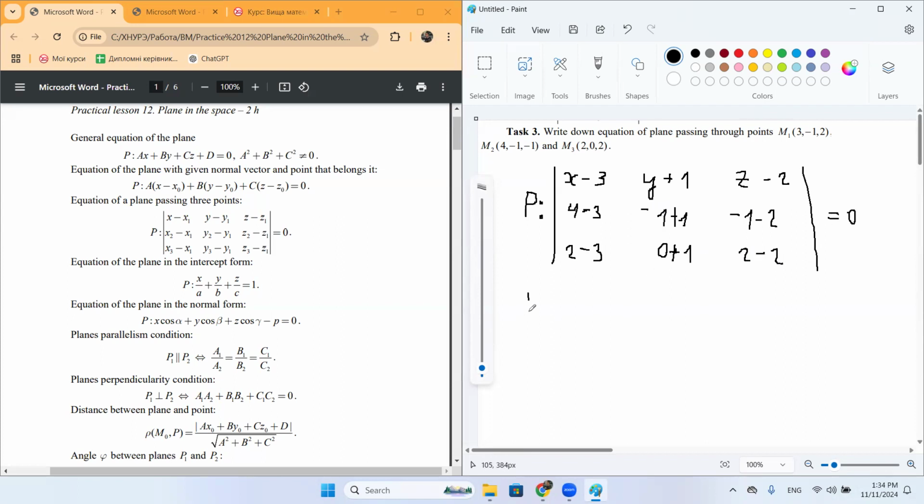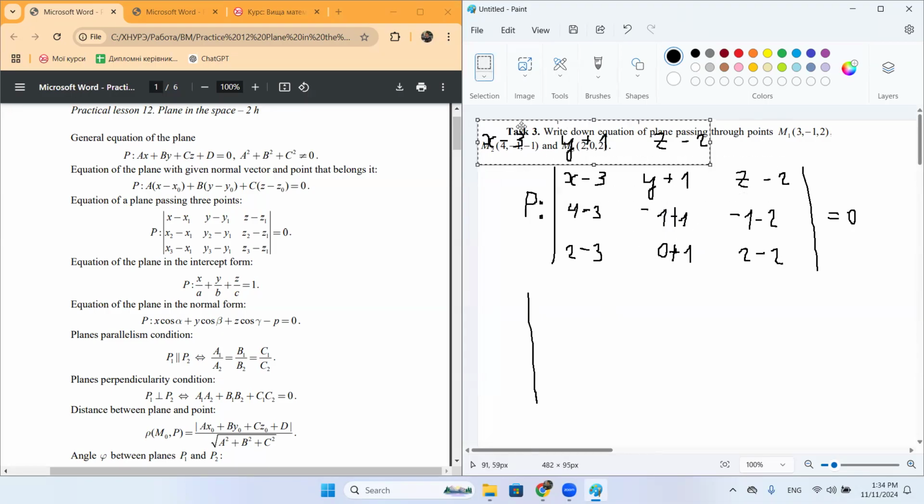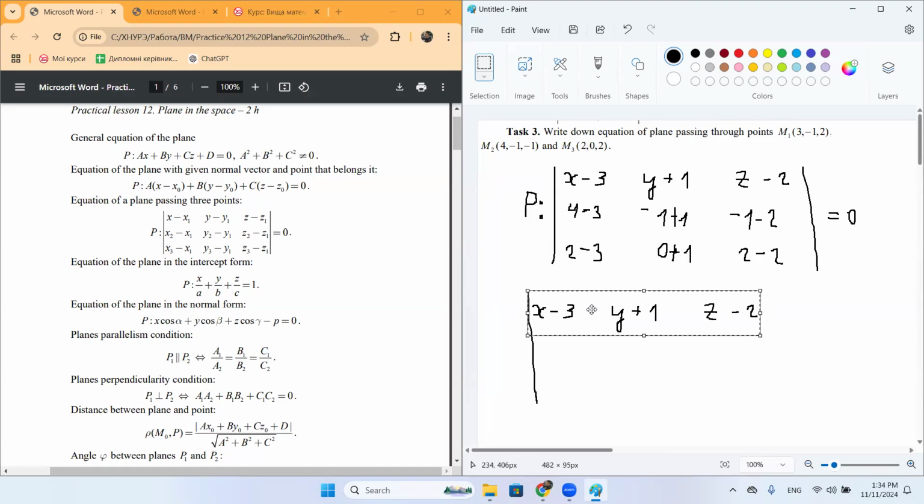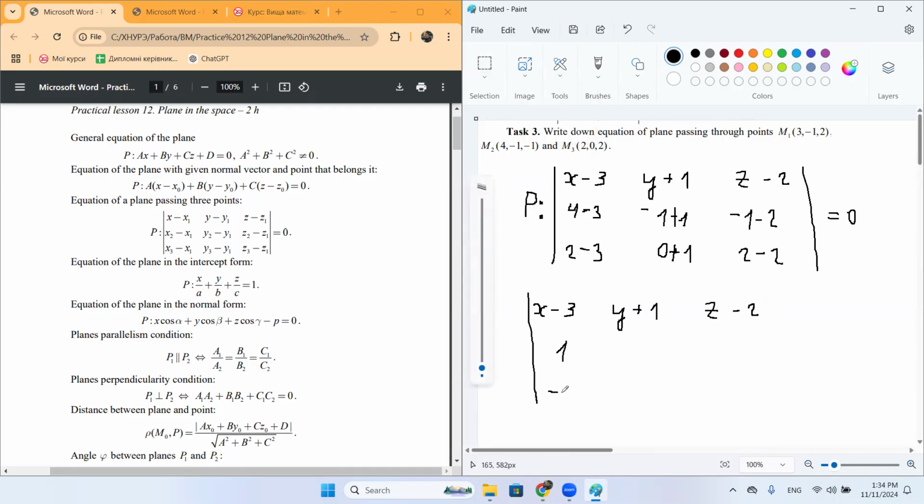And now let's simplify this determinant, and of course we will calculate it to make the equation more understandable for us. So 1 minus 1, 0, 1 minus 3, 0.